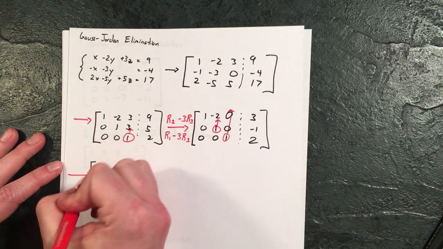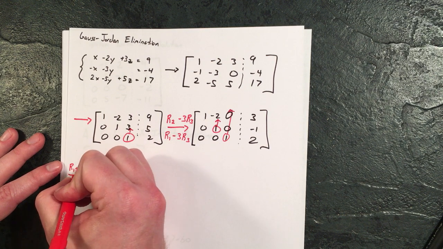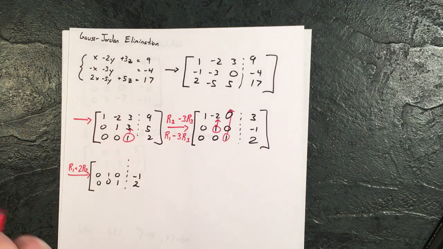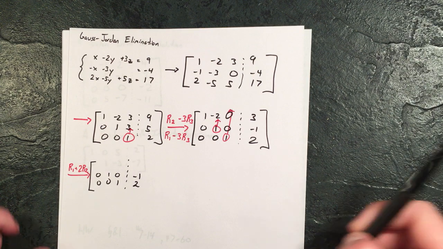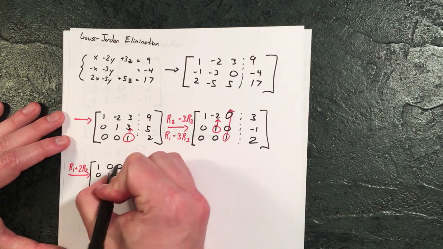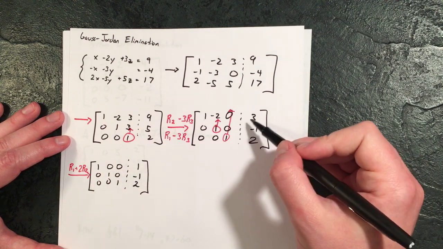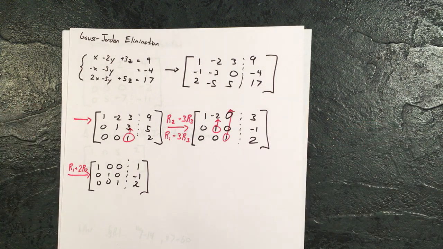So I'm changing my row 1, and I'm going to be adding 2 row 2s to it. So this gets us a 1 here, a 0 here, a 0 here. This becomes a 1, right? 3 minus 2.